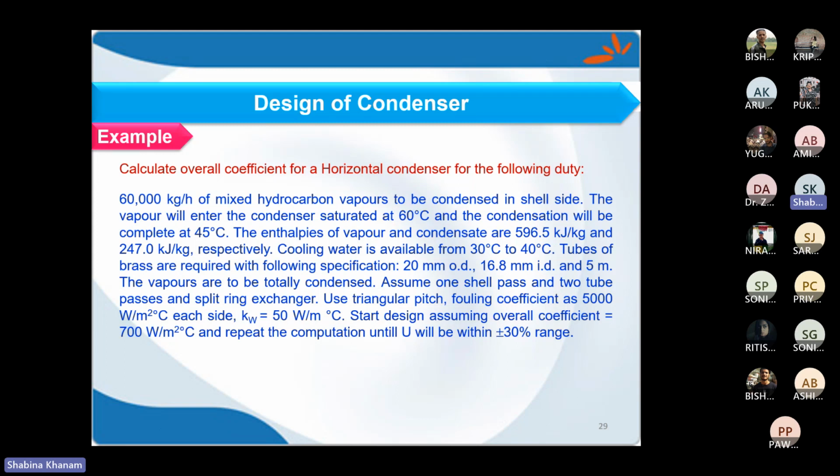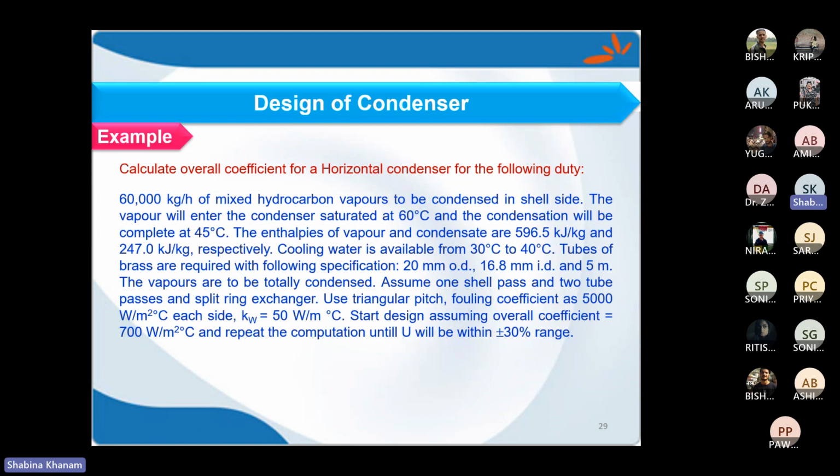So the related correlation you can use over here to find out the heat transfer coefficient of the condensation side. On the other side, the heat transfer coefficient calculation will be the same as we have discussed in shell and tube heat exchanger.